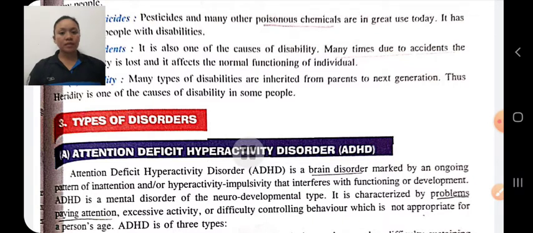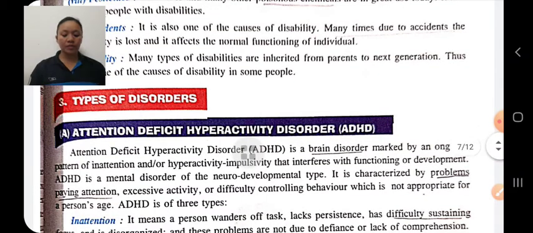Types of disorders. There are various types of disorders. The first is attention deficit hyperactivity disorder. It is a brain disorder in which the person is unable to pay attention, even for a few seconds.